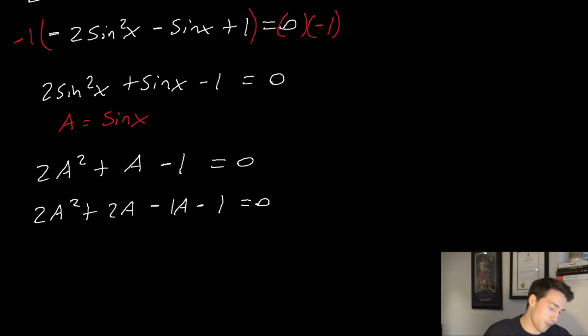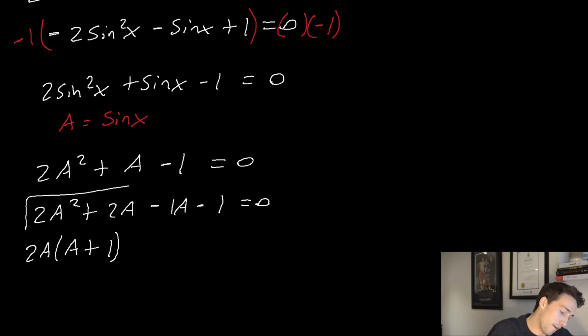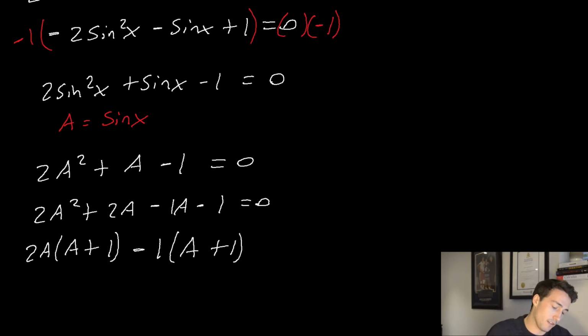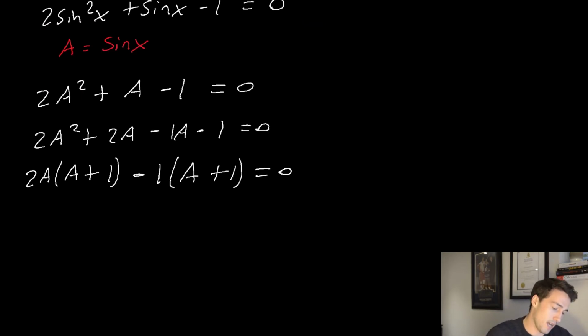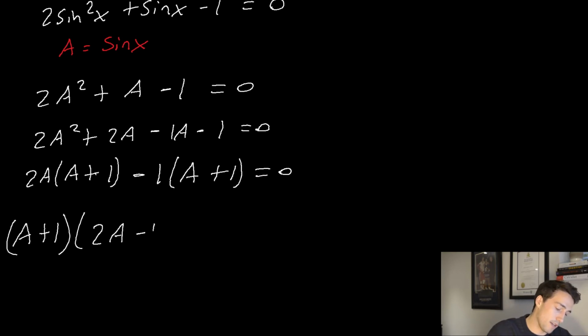Now I can factor by grouping. I can do 2a plus 1, grouping these two together, and then minus 1, where I factor out a negative 1, so it's a plus 1, equal to 0. At this point we can see that this a plus 1 term is common, so we can factor that out and say a plus 1 multiplied by 2a minus 1 is equal to 0.